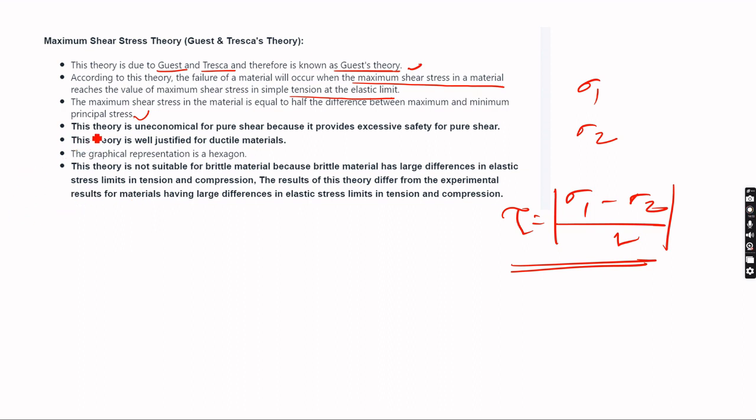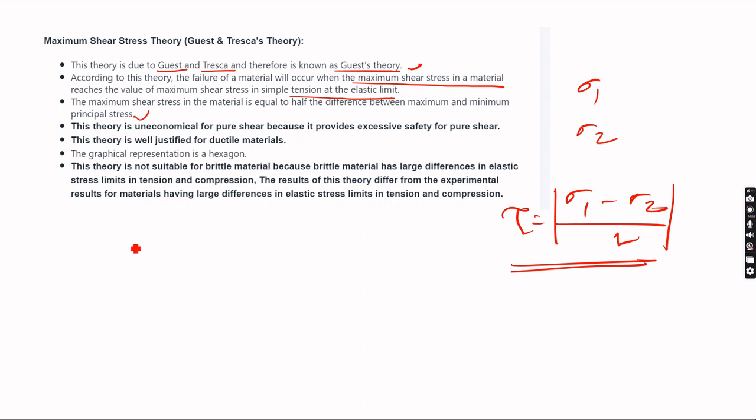This theory is uneconomical for pure shear because it provides excessive safety for pure shear. Why we said in the question also that for pure shear it provides an excessive factor of safety? What is the meaning of this statement?